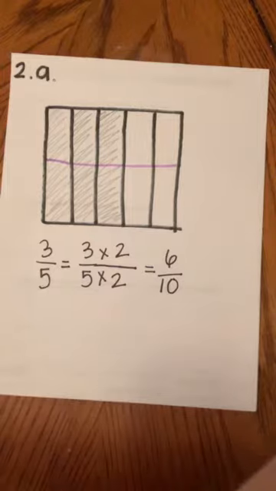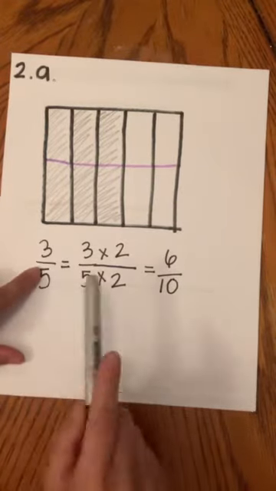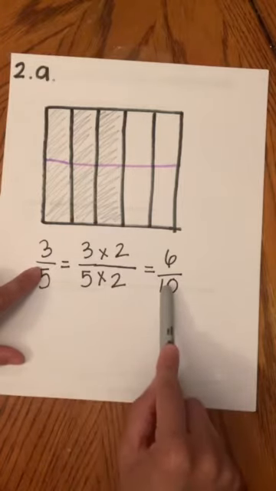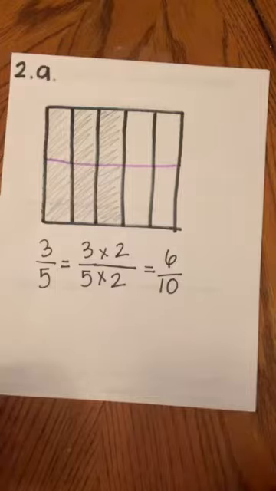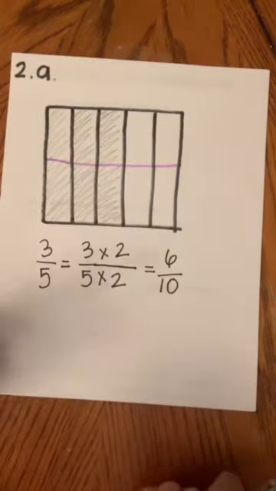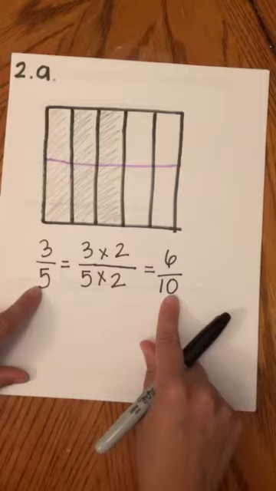Does that mean that my 3/5 is no longer 3/5? I've made it into 6/10. Should I check to see if my number sentence matches my area model? Sure, let's go ahead. So now my whole is not fifths, it's tenths, because remember, that's what they ask us to do, decompose into tenths.